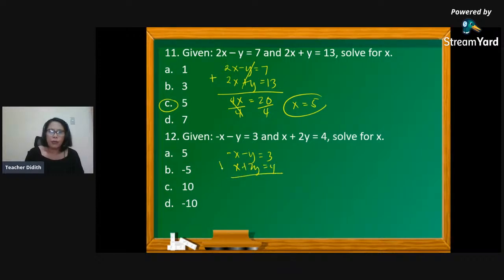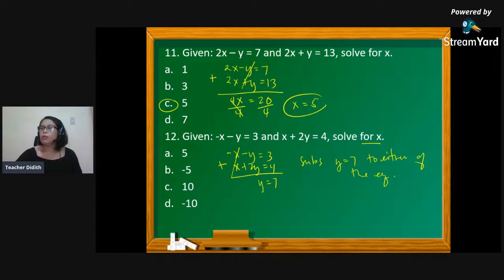And then perform addition. So this will be cancelled. Although x is asked, so that's the listing that we can do first. So y is 7. So we will substitute y equals 7 to either of the equations. If we opt to substitute y equals 7 to the first equation, we have negative x minus 7 equals 3.